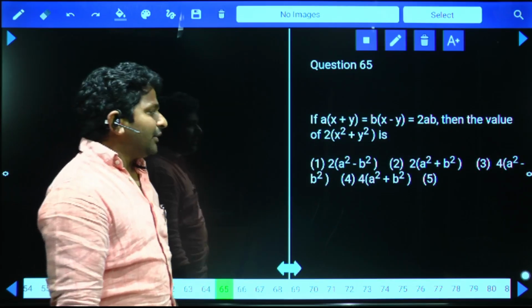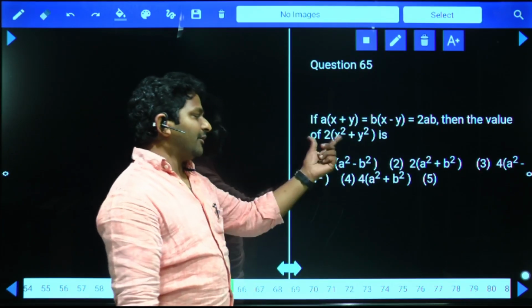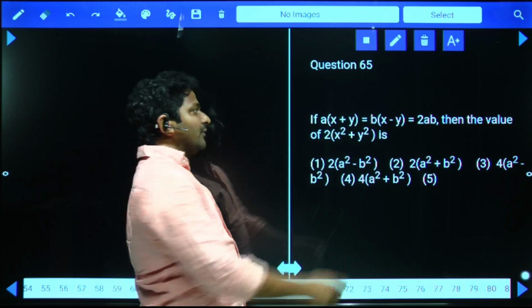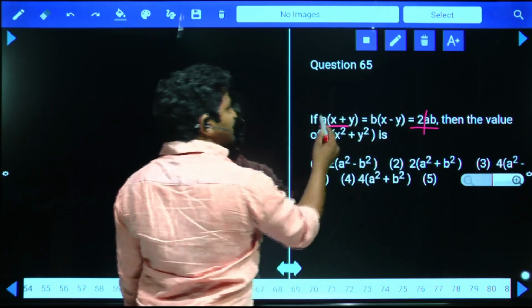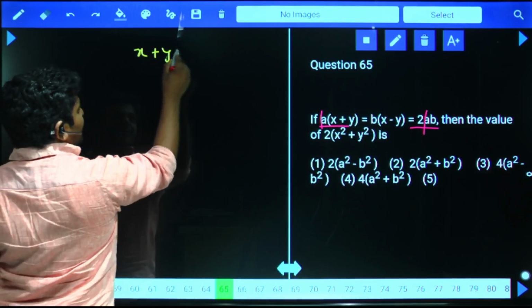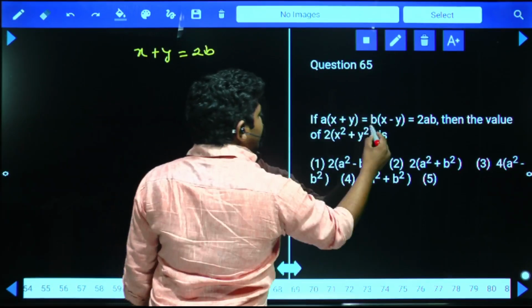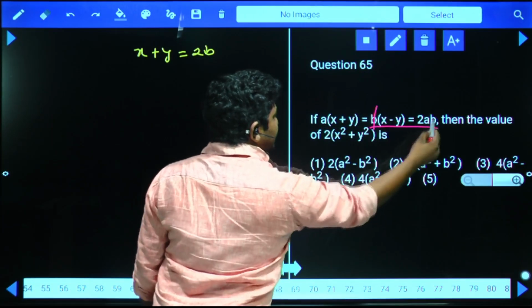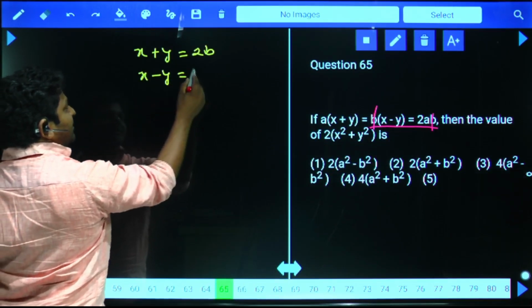Now, if A into x plus y is equal to B into x minus y is equal to 2AB, then find the value of 2 into x square plus y square. Okay. Now, first consider this one and this one. A gets cancelled. So 2B is equal to x plus y. x plus y is equal to 2B. Next, if you consider these two, B gets cancelled. 2A is equal to x minus y. x minus y is equal to 2A.